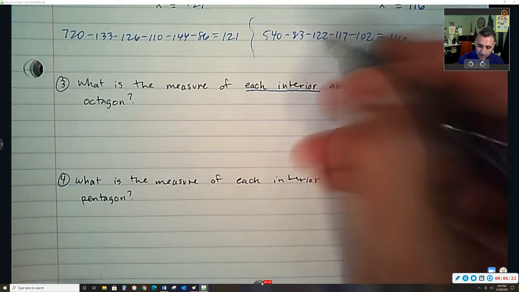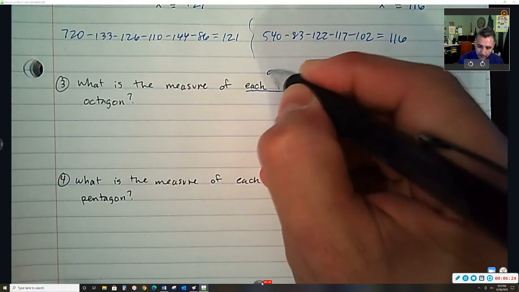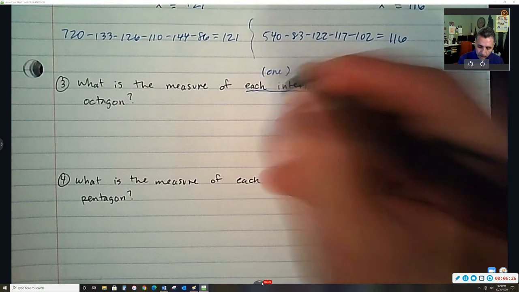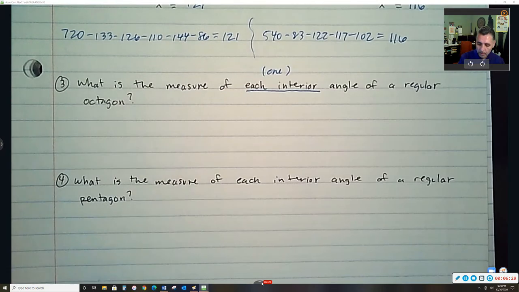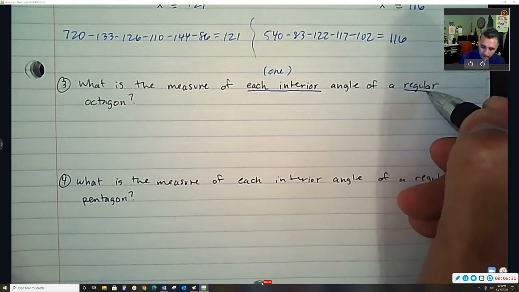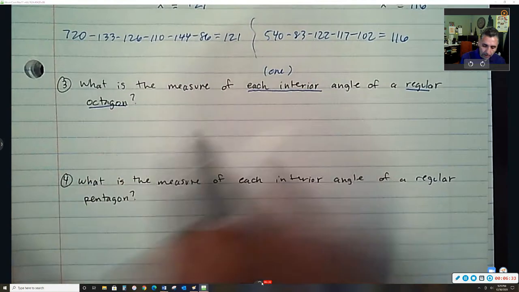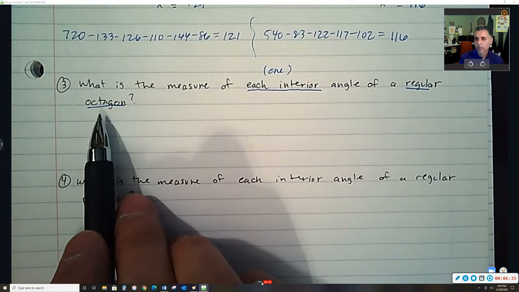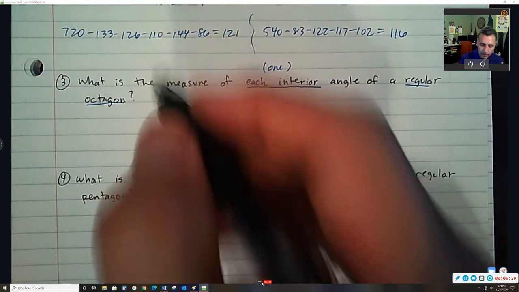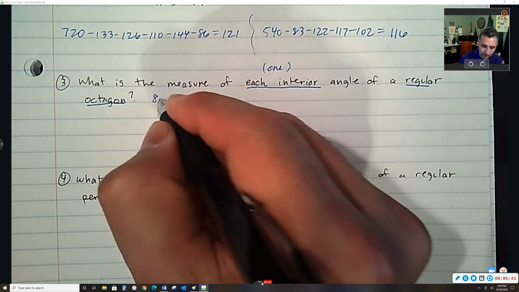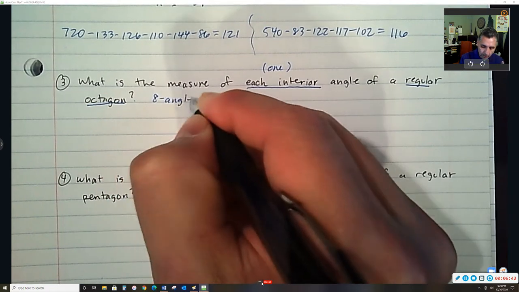When it says each interior angle, they only want the measure of one angle. And then it also tells us it's a regular octagon. Now again, we're going to go over the names in a second. But an octagon, we know that has 8 sides or 8 angles.